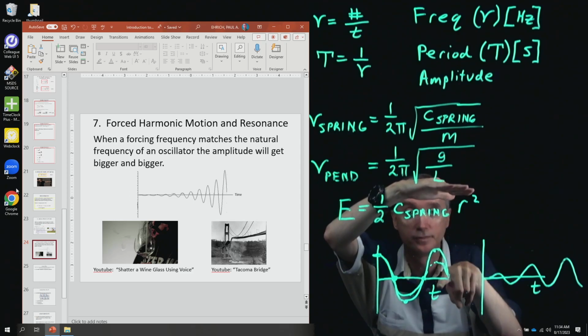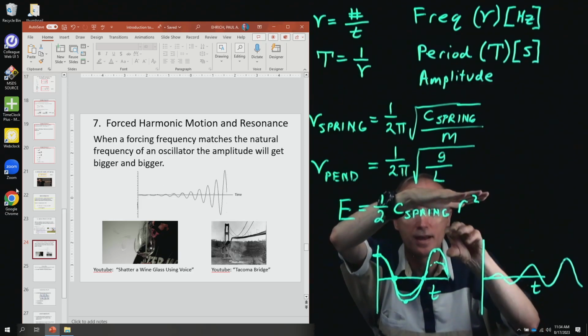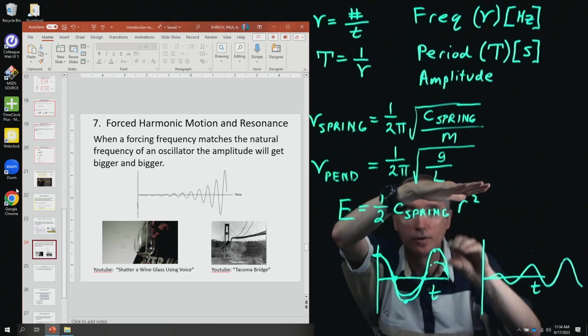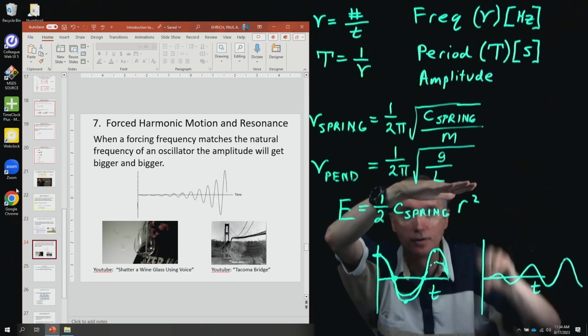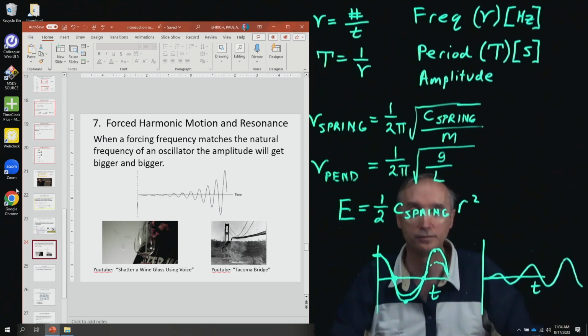If you move your hand at that frequency, you'll notice that at first the mass doesn't do anything, but then it starts going up and down and it gets bigger and bigger and bigger till finally it's bumping into your hand. So it's going into resonance.